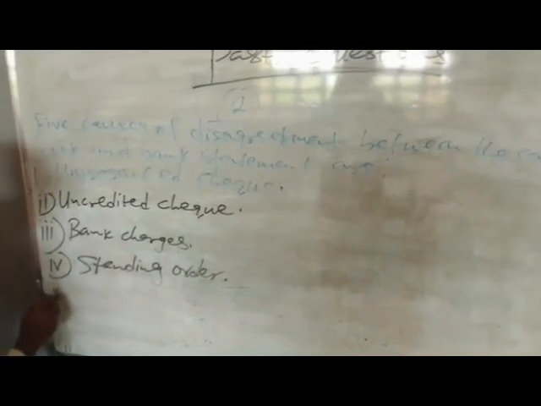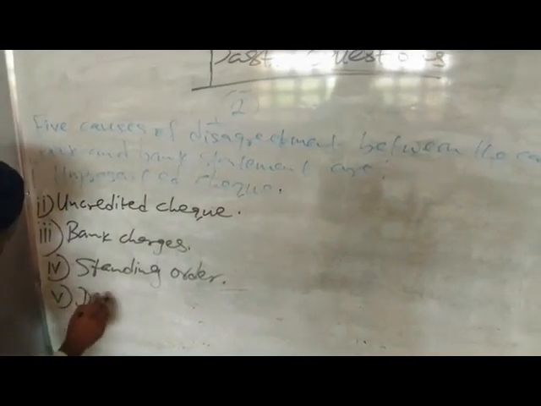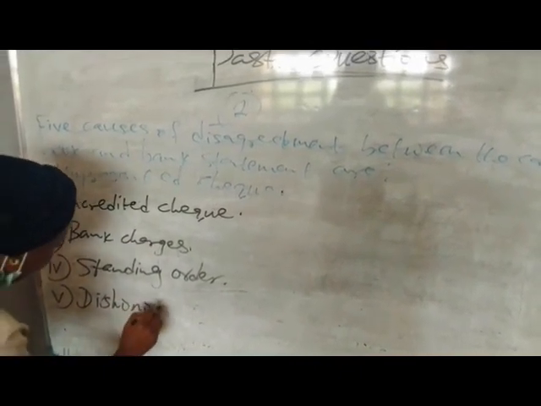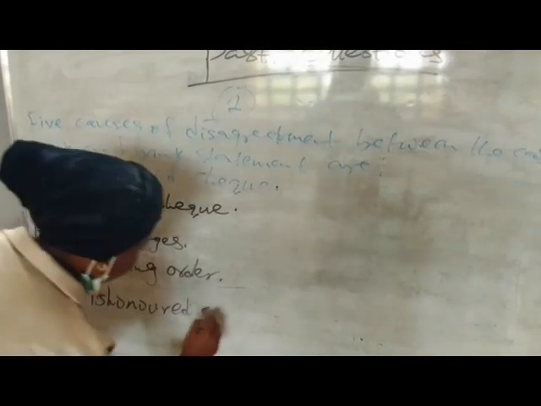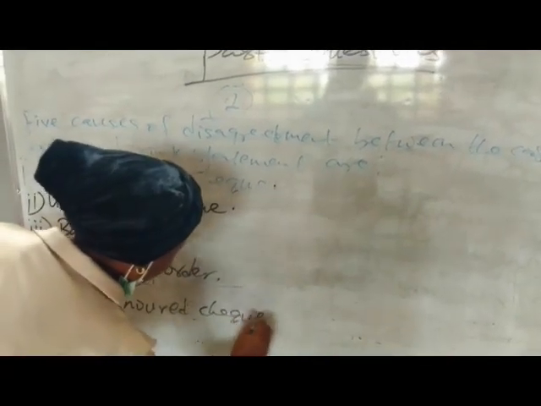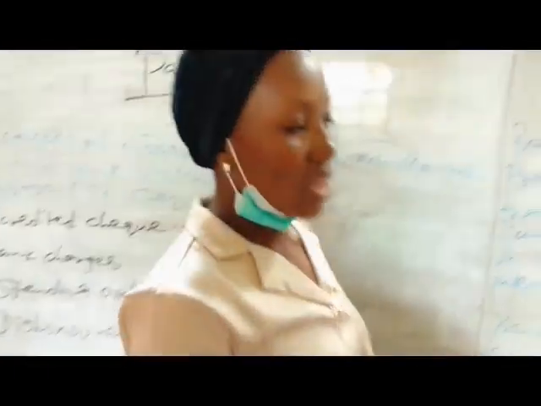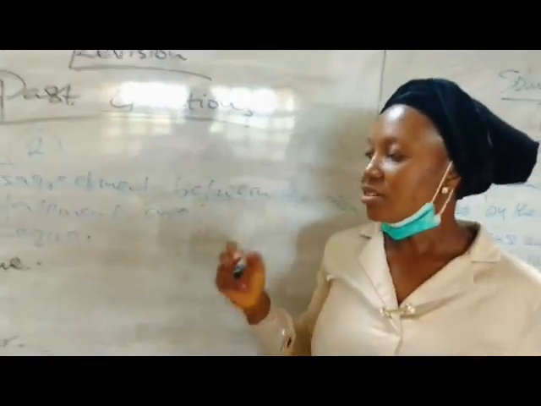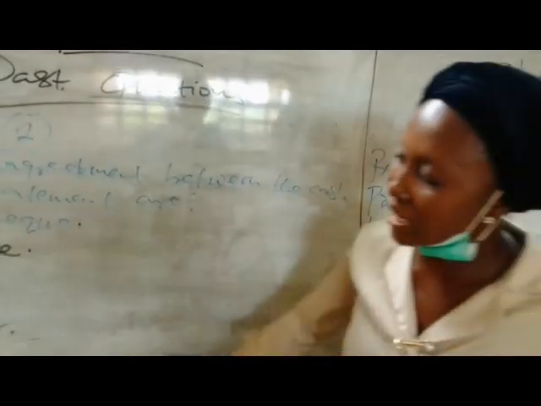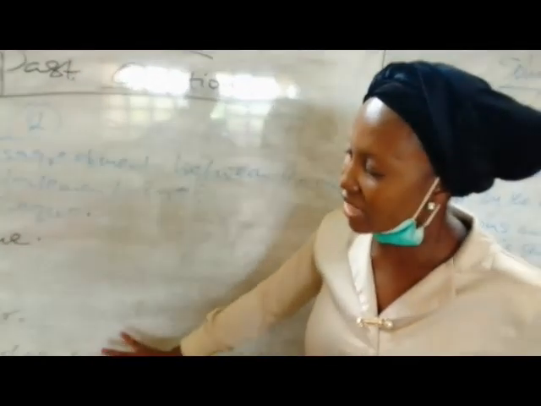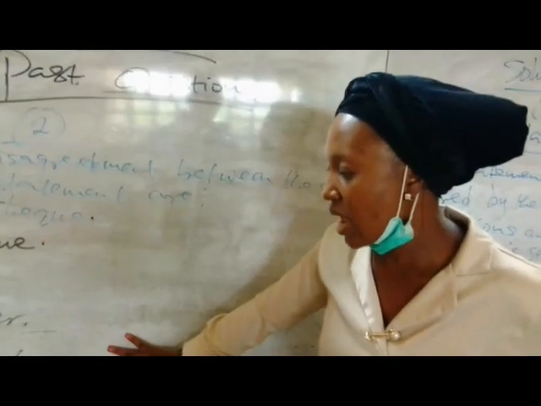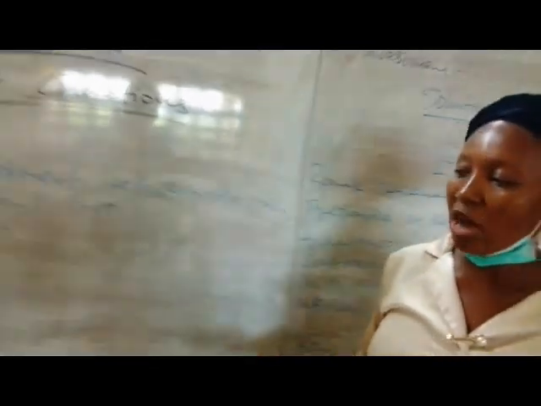Now, 5, we have dishonored check. A dishonored check is a check rejected by the bank for certain reasons. And what are these reasons?